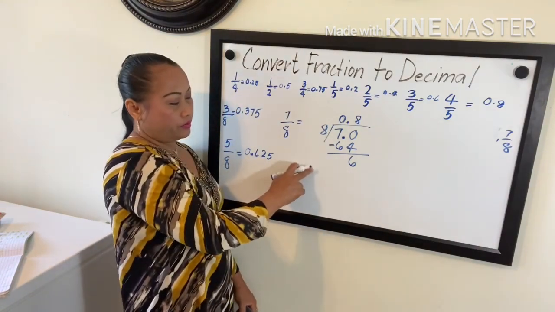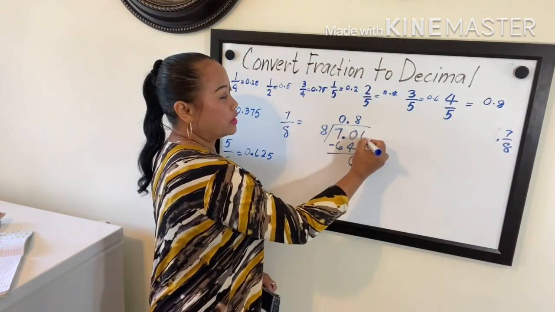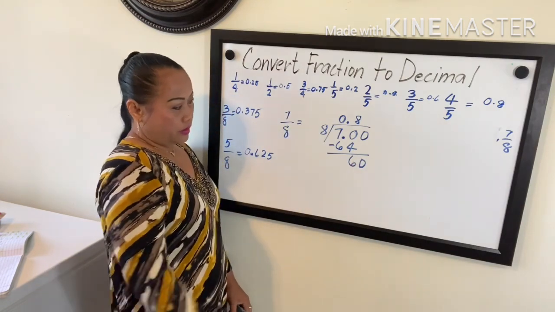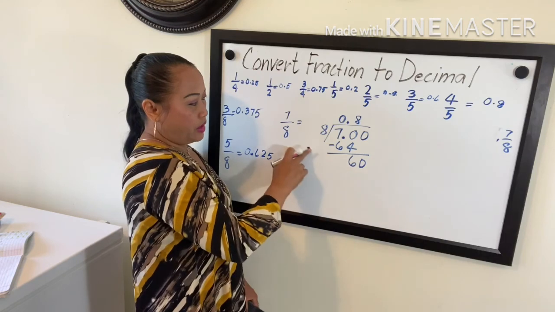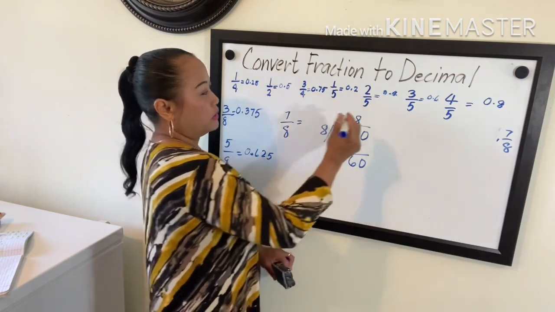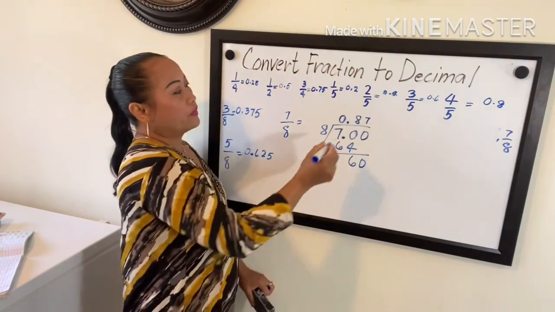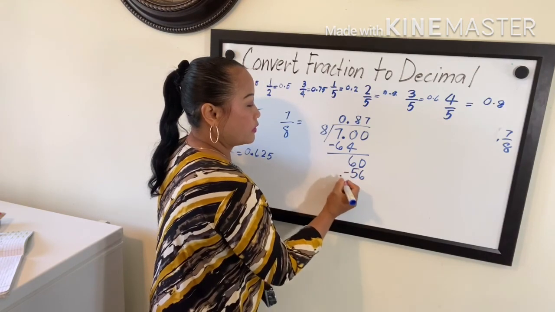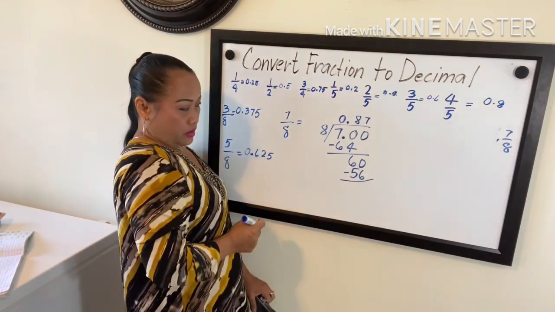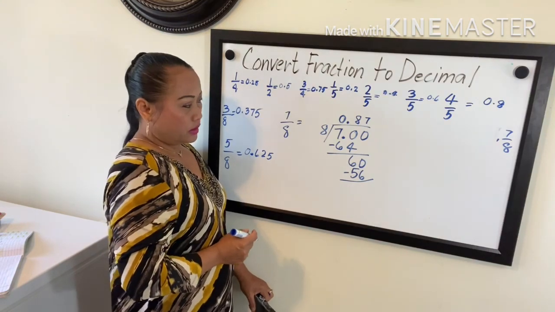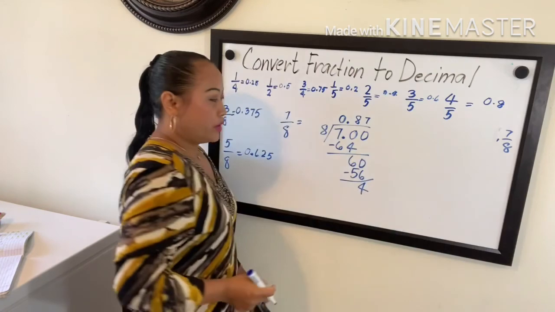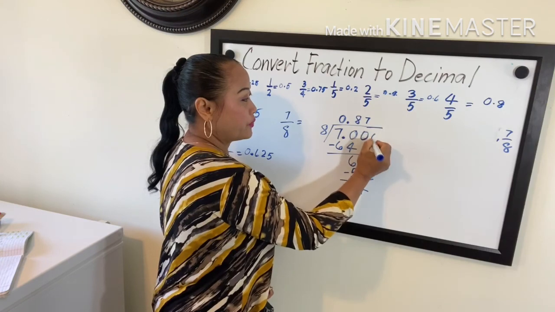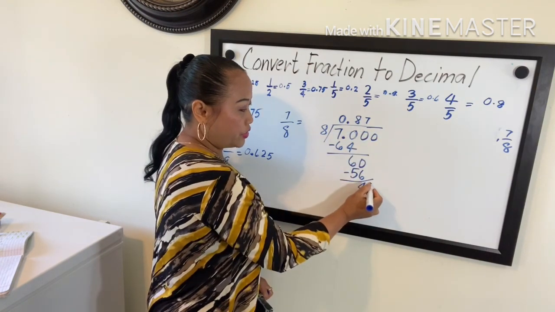Now we have a remainder. We have to add 0 into the dividend and then bring it down here. Now we have 60 divided by 8 is 7. 7 times 8 is 56. Now we will subtract. 60 minus 56 is 4. We still have a remainder. So we have to add 0 into the dividend and bring it down here straight.